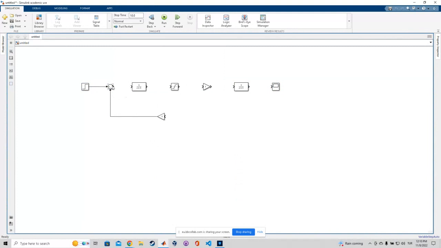So this comes to your transfer function, and then it goes to your saturation, and then you connect it to gain, your second transfer function, and then you go to the scope. And we'll get our gain from the output, of course. So let's take another scope to here to observe the current.